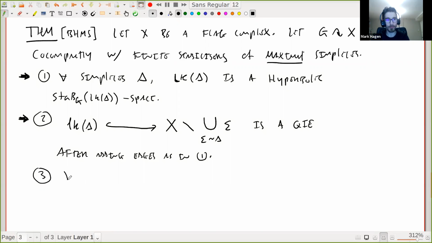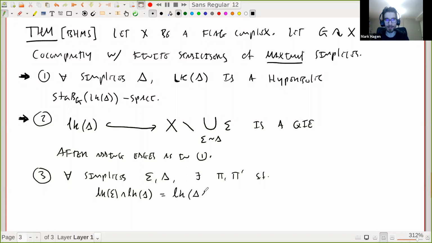So for all simplices sigma and delta, there exist other simplices pi and pi prime such that the link of sigma intersect the link of delta equals the link of pi star pi prime. This is weird, but it's just what the curve graph tells you.